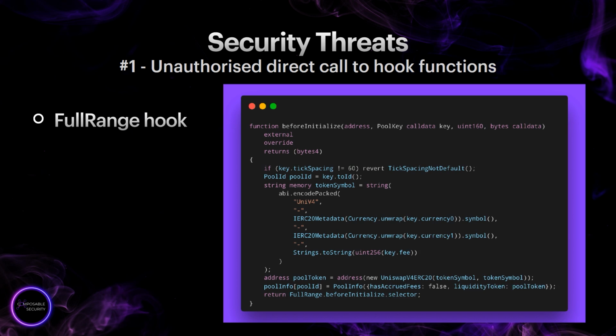Here's an example of a contract. As you can see, can you see the code from the back? Cool. So I'll describe briefly what it does. This is the before initialize function. This function is called on the hook contract right before you create a new pool, right? It's a full range hook.